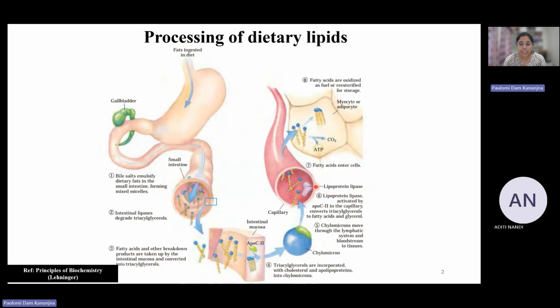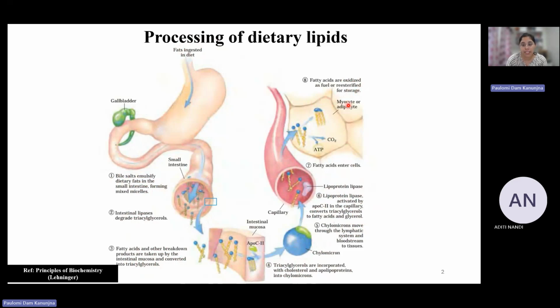So the actual action is, after it has formed chylomicron, you have lipoprotein lipase, which is breaking it down to fatty acid. And that fatty acid can enter these cells, right? Because the exchange has to be between the blood and the cell. But for it to come into the blood, it has to pass through the small intestine, right? And when it enters the blood, that's when they are oxidized or re-esterified for storage.